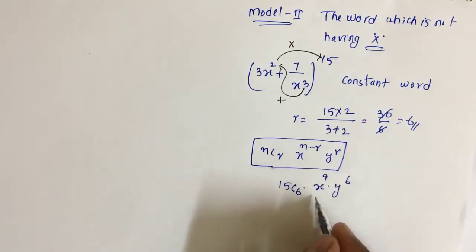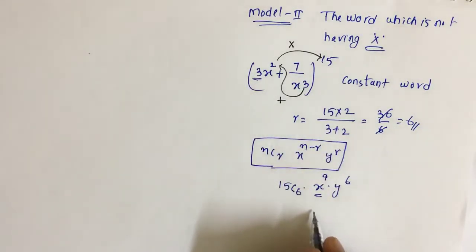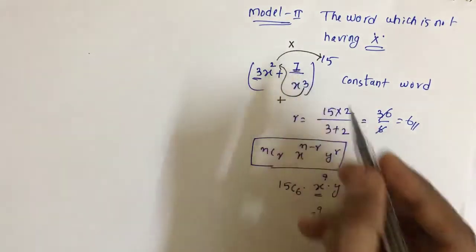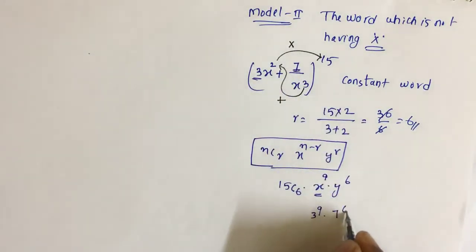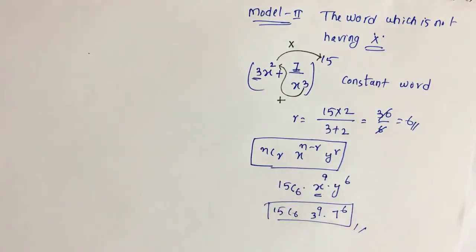Okay, so here x equals 3, so that comes out to be 3 to the 9, and here y is equal to 7 to the 6, times 15 C 6. So this is the answer.